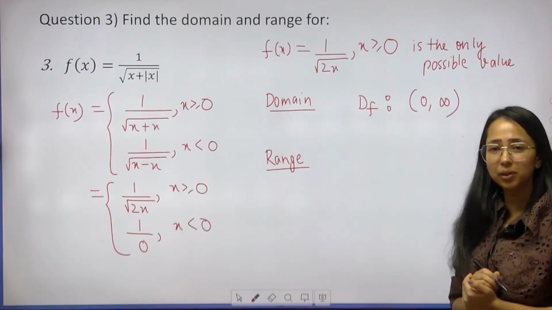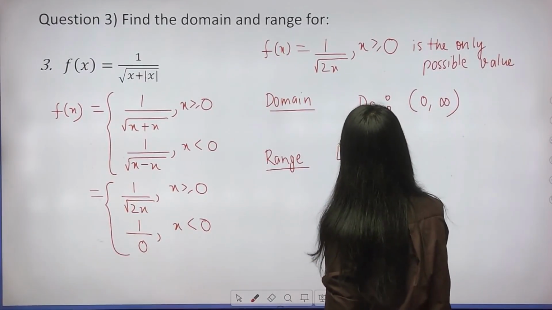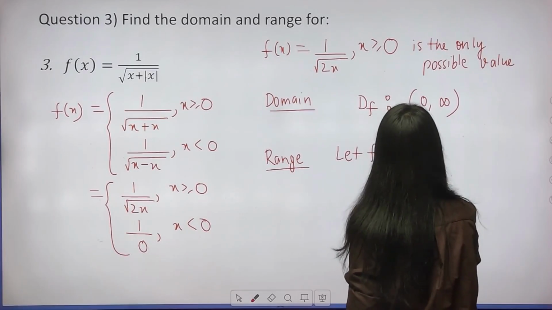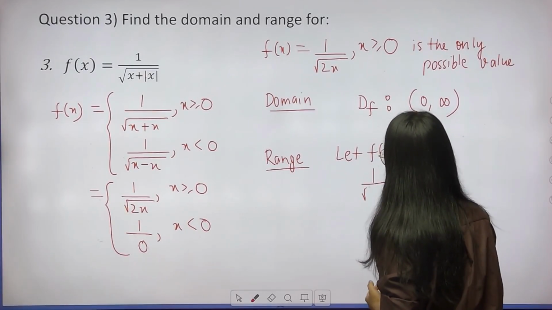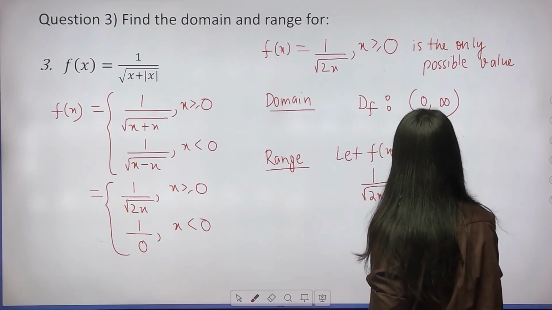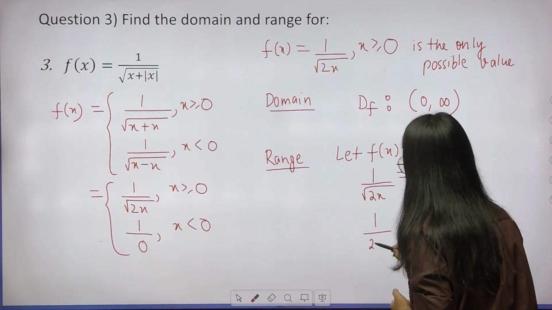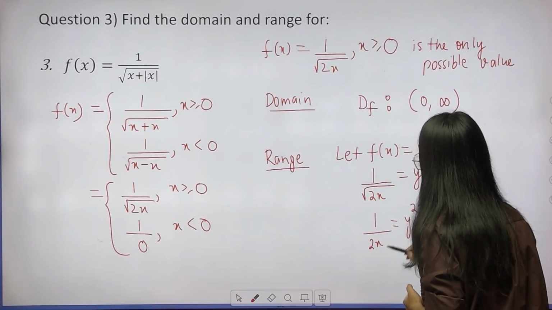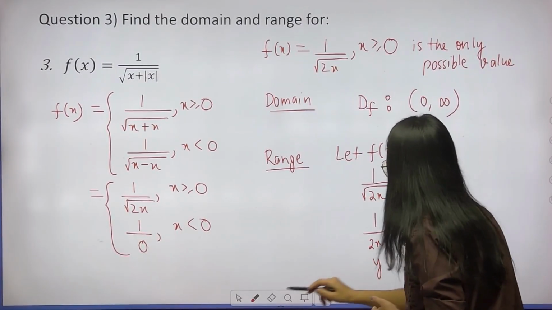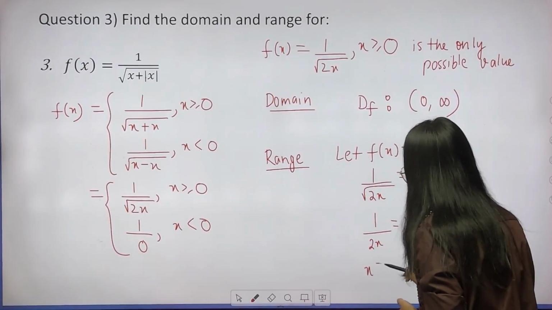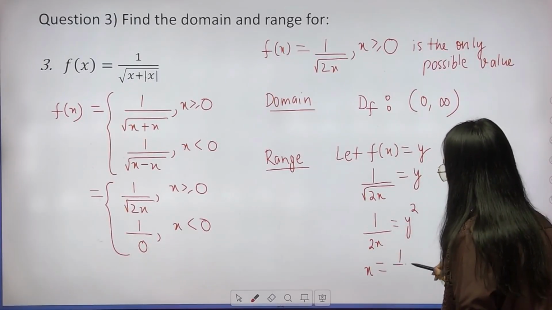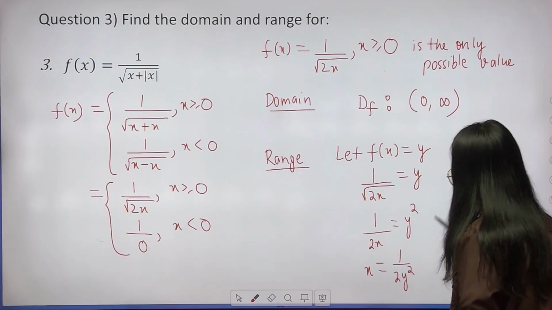Next, let's find out the range. For the range, let f of x equal y. Then 1 over under root of 2x is equal to y, which makes 1 over 2x equal to y square. So the value of x is now 1 over twice of y square.